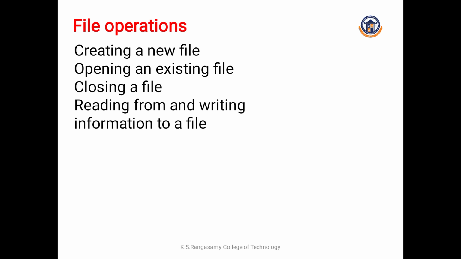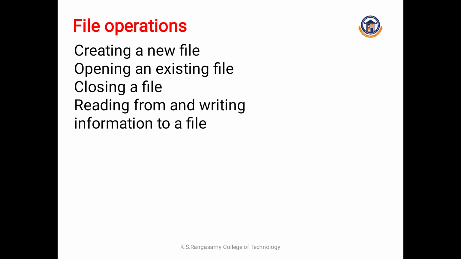Generally there are a few file operations. In one main program, we can create a new file, and we can open an existing file. We can also close a file, read some characters or text from it, and write into it.